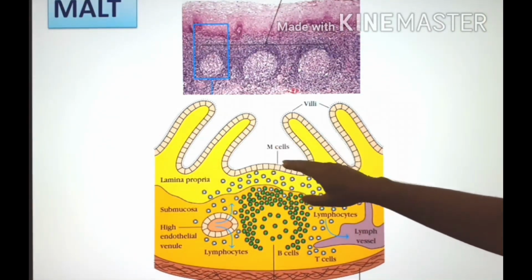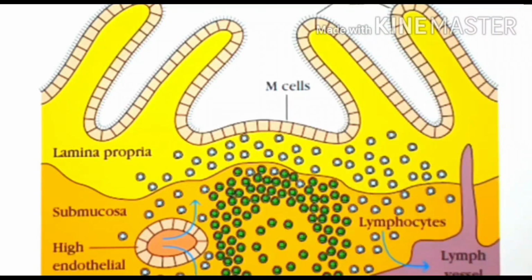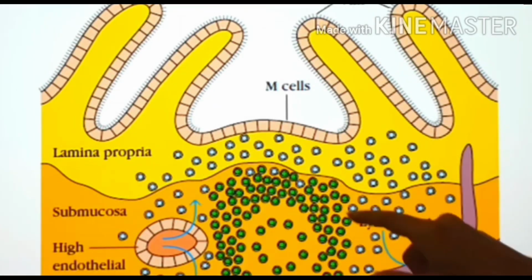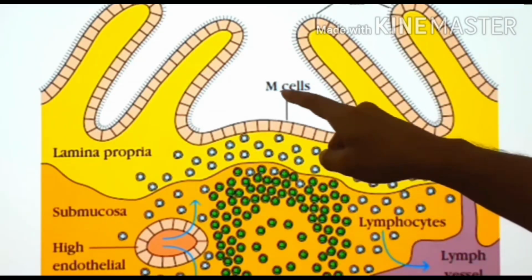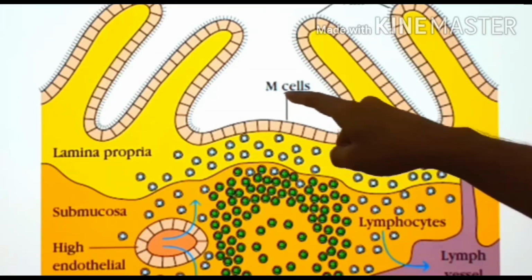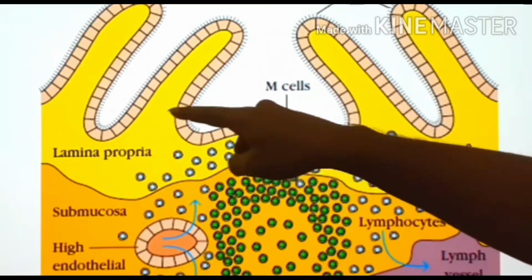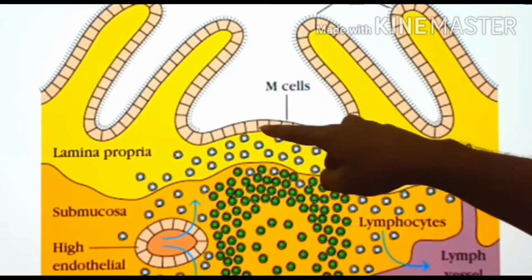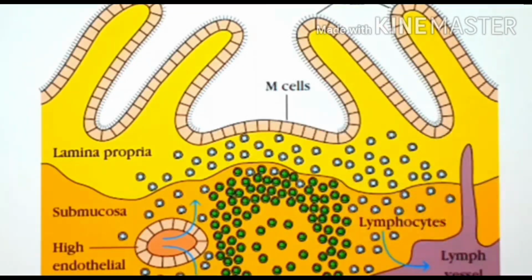They lack microvilli. You can see in the Peyer's patch there is also a germinal center, meaning B cells can populate this area. And in this case I just want to mention that you have to remember one cell that is very important, called the M cell, that lacks microvilli. All the cells contain microvilli, but this M cell does not have microvilli. Why? Because there is a special function of this M cell.